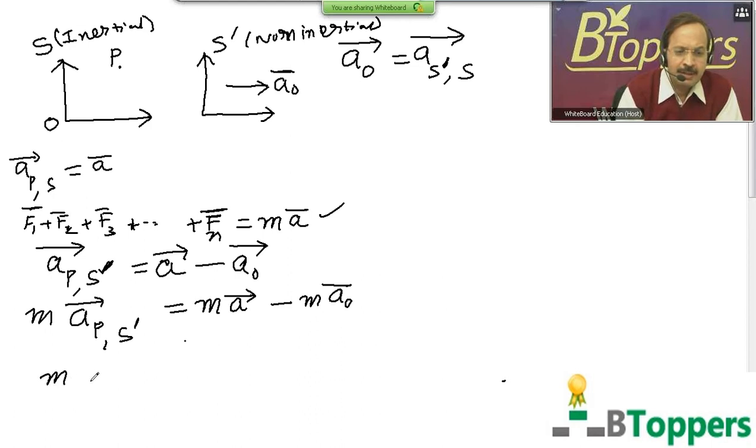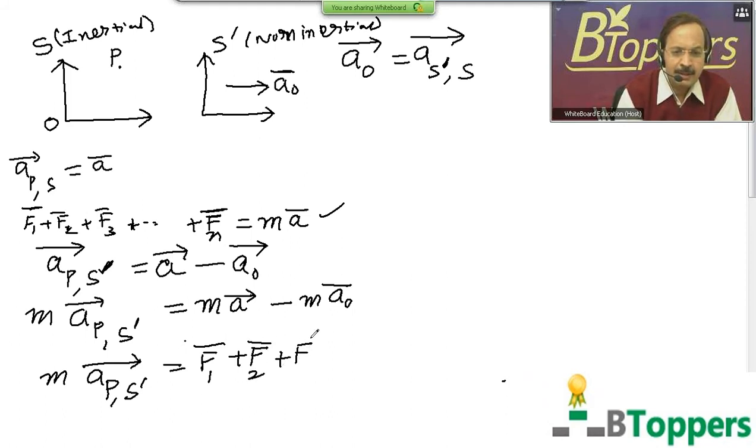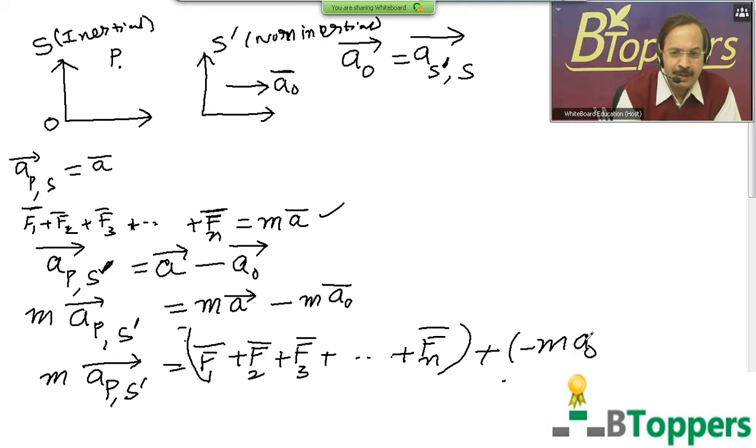That means the product of the mass of the particle and the acceleration of the particle with respect to the frame S dash will be equal to the vector sum of all the real external forces which act on the particle in the inertial frame, plus minus m a naught bar.